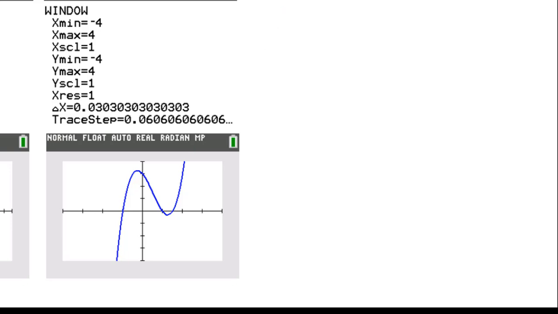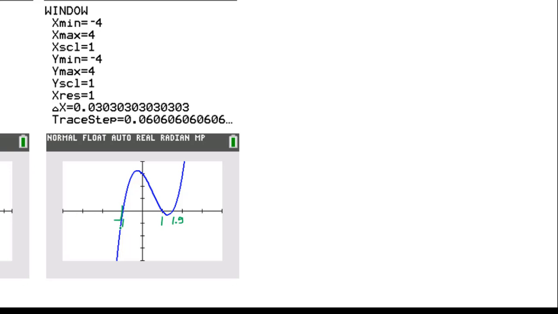I need to figure out where this graph is above the x-axis, and it is above the x-axis between the zeros of -1 and 1, and then to the right of 1.5. Again, if you were doing this on a new problem, you would have to solve the associated equation by factoring or some means and know exactly what the values of those zeros are.